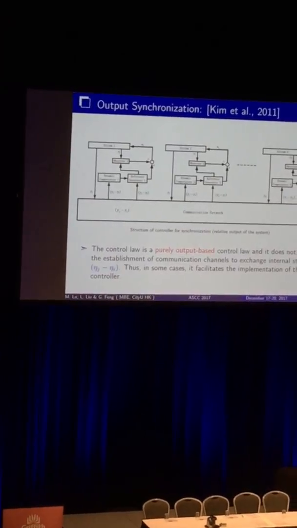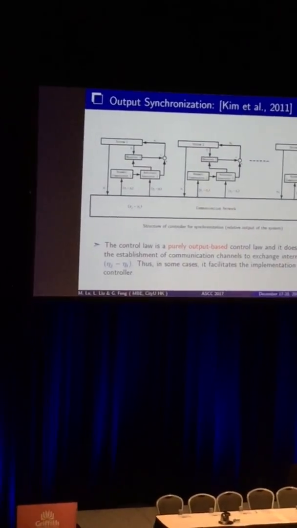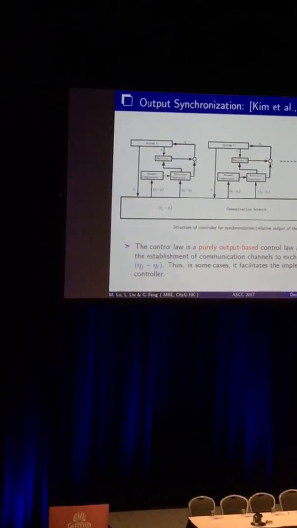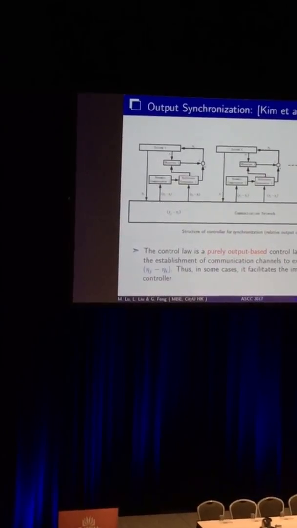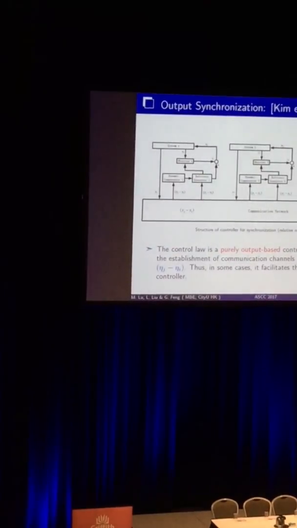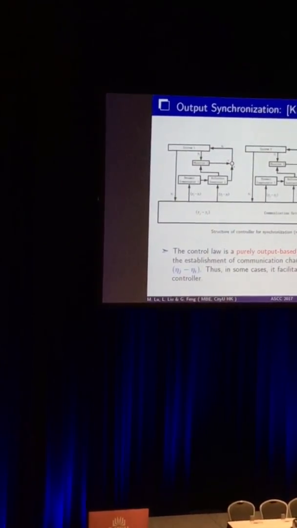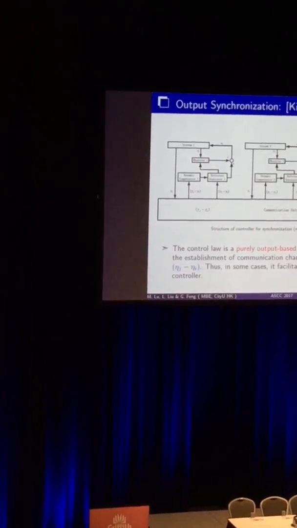However, as I mentioned before, this reference only considers single-input, single-output, minimum-phase linear systems. How to design an output-based controller to solve the output synchronization problem of heterogeneous, generally multi-input, multi-output linear multi-agent systems is still an open problem.